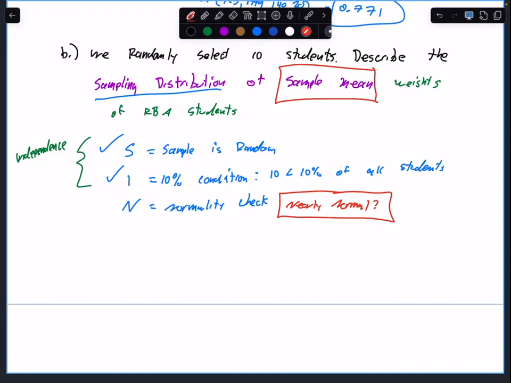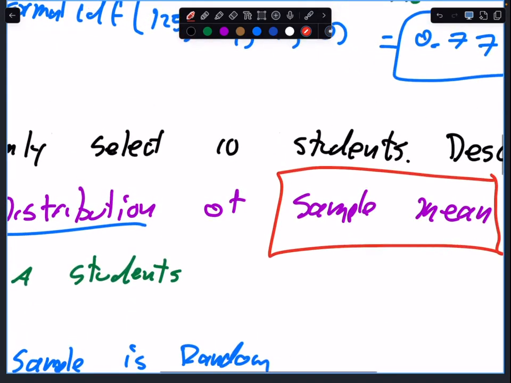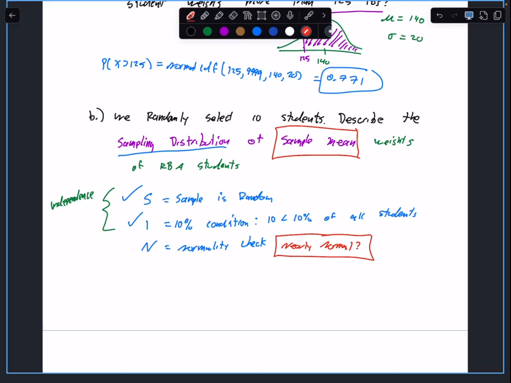If this was proportions, we check success-failure. When it's means, we check nearly normal. Does anybody remember the magic number for the sample size that always works for us? 30. I could just say n is greater than 30. Is n greater than 30? No. It's 10, and 10 is not greater than 30, but that's fine.